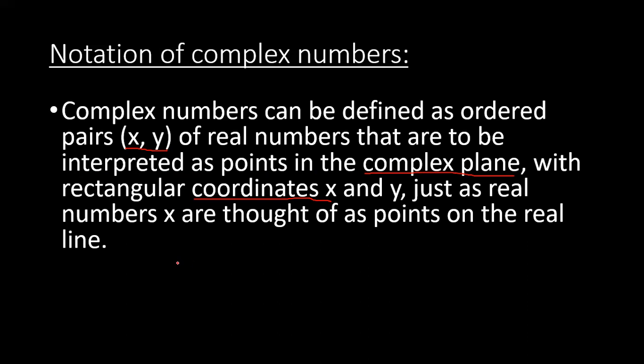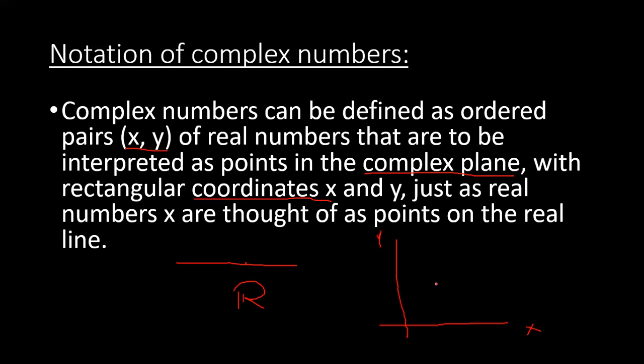Like if we take a real line R, then any real number can be set as a point on this real line R. Similarly, if we take the complex plane, here is the x-axis, the real part, and here is the y-axis, the imaginary part.